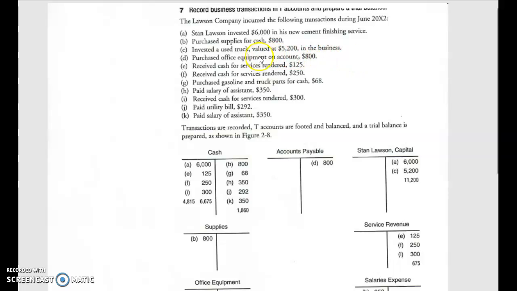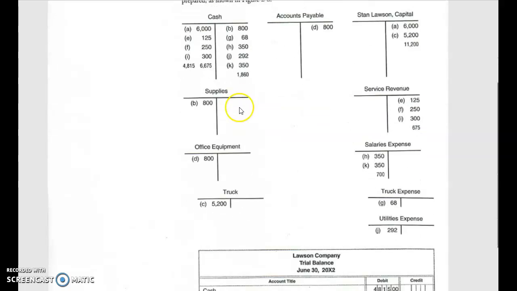Now, going to transaction D, we purchased office equipment on account for $800. So we are increasing office equipment, and we are also creating a liability because we are purchasing something on account. So office equipment, we have created the account. We are increasing it on the debit side because it is an asset.